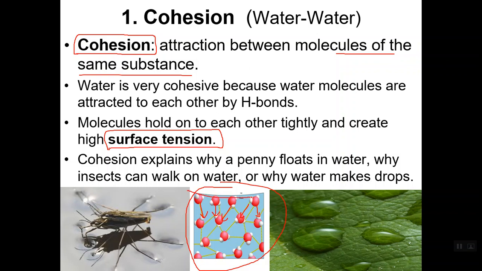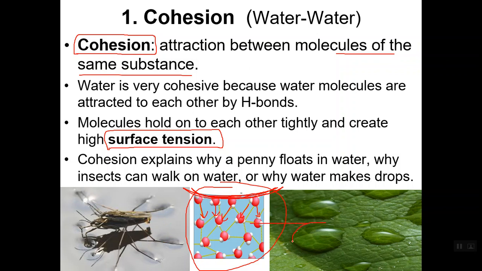And that creates a nice taut layer of water molecules right along the surface that we perceive as surface tension. And it can actually be strong enough to hold up light insects and other light objects that don't have a lot of weight all at one point.